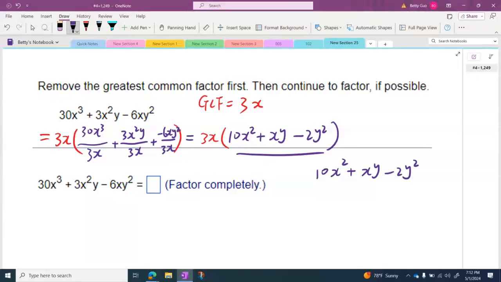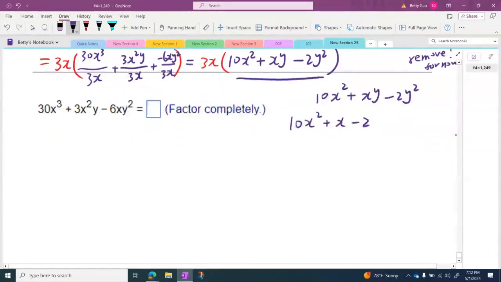Kick y out for now, and later we're going to bring it back, okay? So we're going to have 10x squared plus x minus 2. And I think you know how to factor this one, right? It's going to be a simple slide divide slide application.